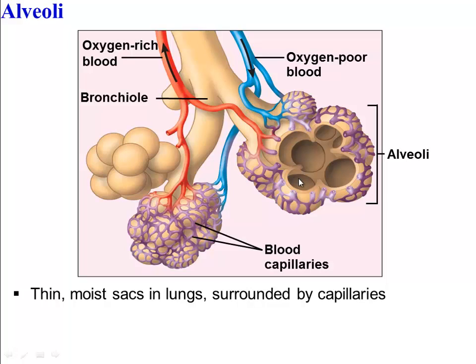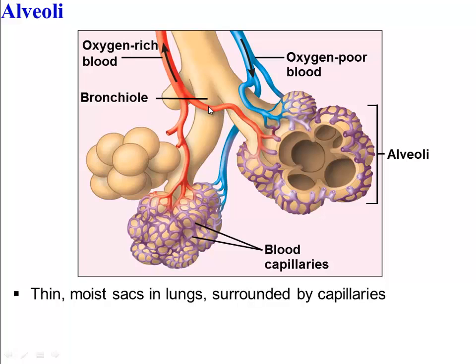And these air sacs are surrounded by capillaries. This is where the action for the pulmonary loop of the circulatory system really happens. So air that's coming in to the lungs will contain a lot of oxygen. That oxygen will diffuse through the very thin wall of the alveolus and into the capillaries, turning the blood bright red.